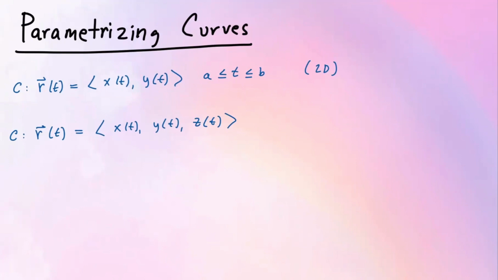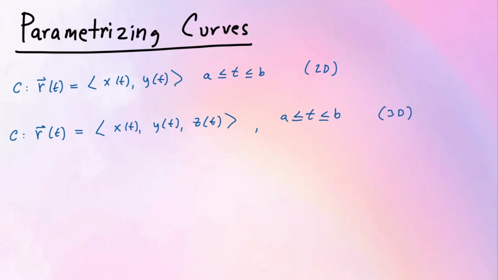So you have three components that will describe the path of this specific particle. And again, we can let t go from A to B, or you can let t be -infinity to +infinity. It wouldn't matter, depending on the path that you're describing. So these are the parametrizations of some curve that we're talking about, could be in 2D or 3D.